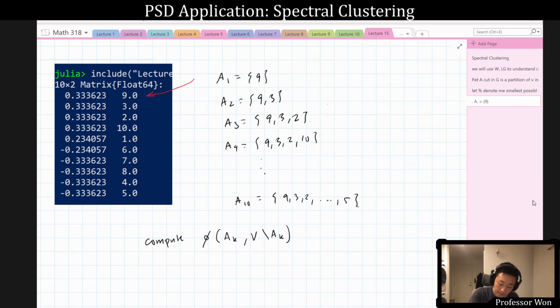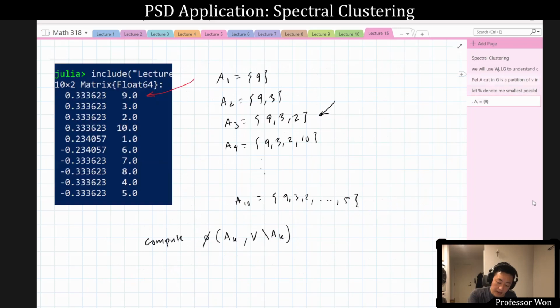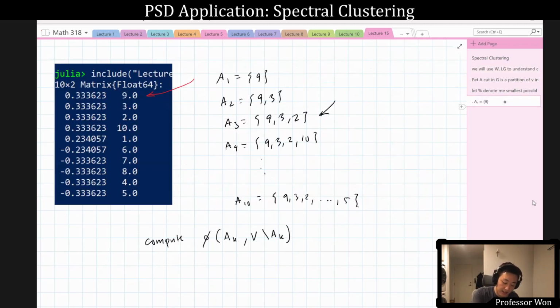The third one says to take the vertices 9, 3, and 2 and take that as your cut. Let me just draw it again here. We know what this looks like at this point.